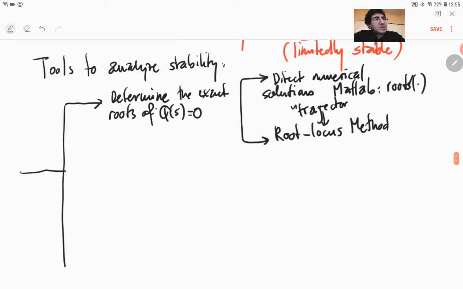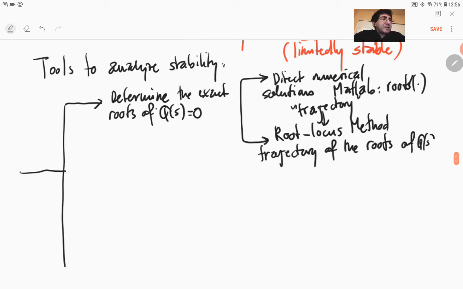So this method allows us to sketch how the roots will move as we vary one of the parameters, an analysis of the trajectory of the roots of Q of S equals 0 as we change one parameter in the system.